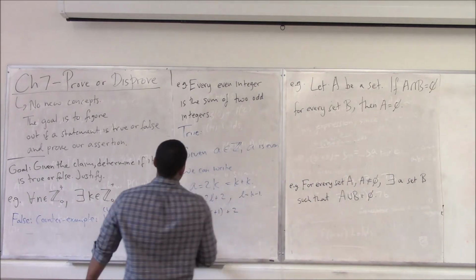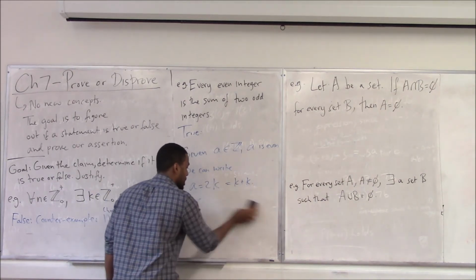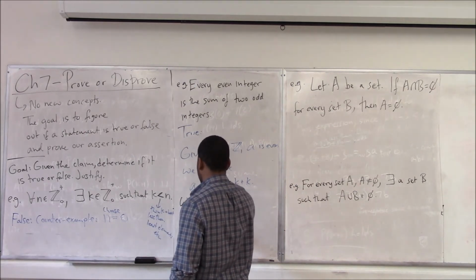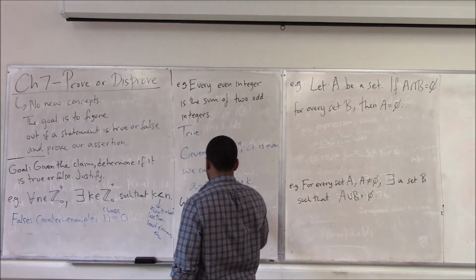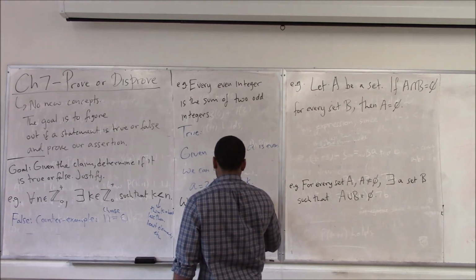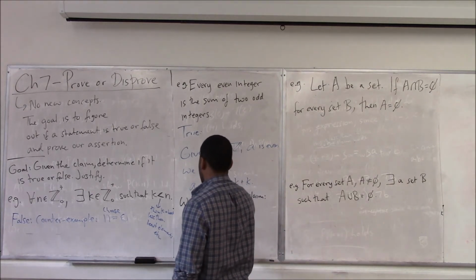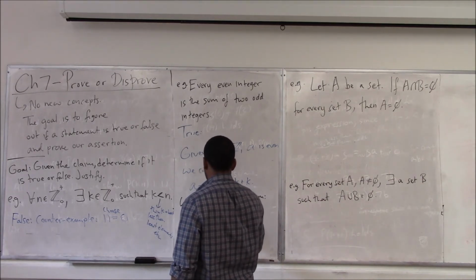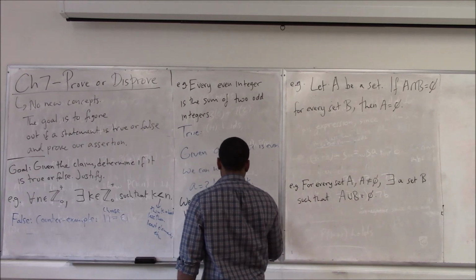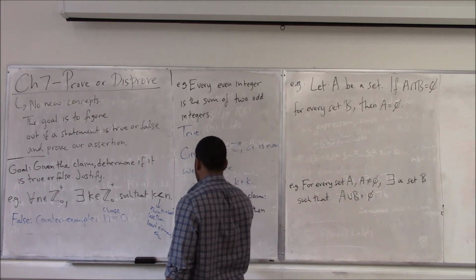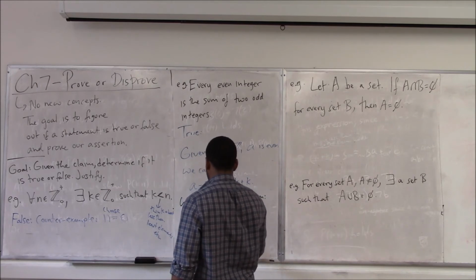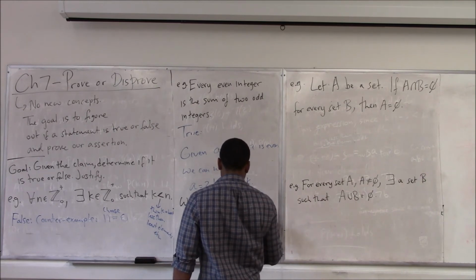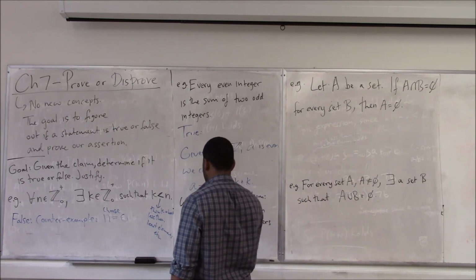Oh, so okay, I see what you're saying. You could say that. So basically, you can say we prove a stronger claim: that for all n in Z, if n is even, then n is the sum of 2 even integers, and it's the sum of 2 odd integers.